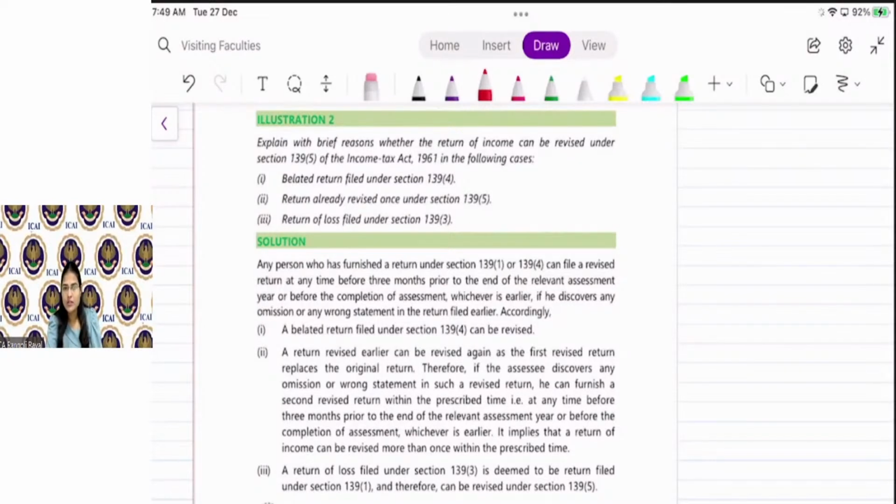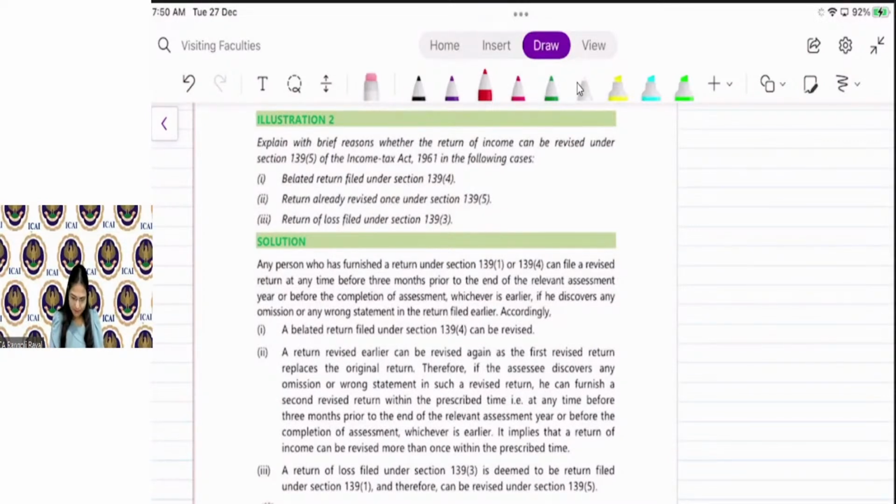You can revise your return for n number of times, but before 3 months prior to end of relevant assessment year or completion of assessment, whichever is earlier. You can revise your return more than once, but within prescribed time.